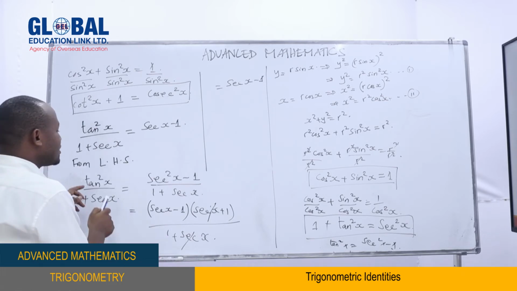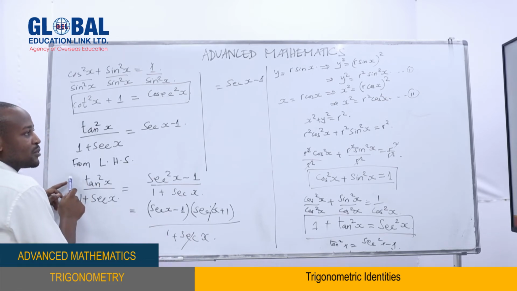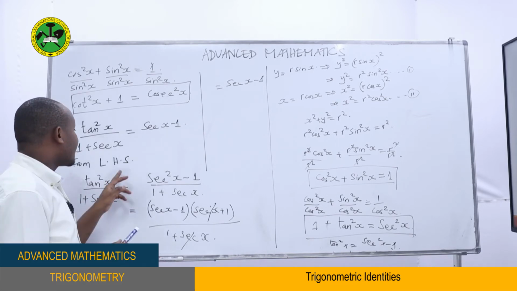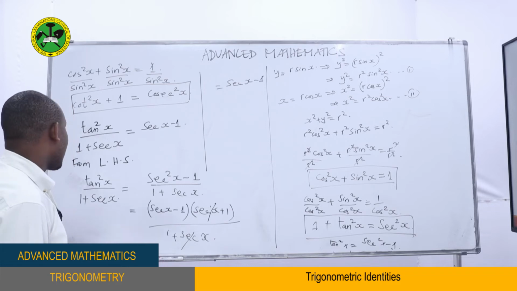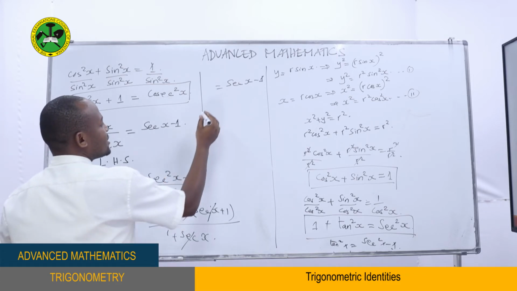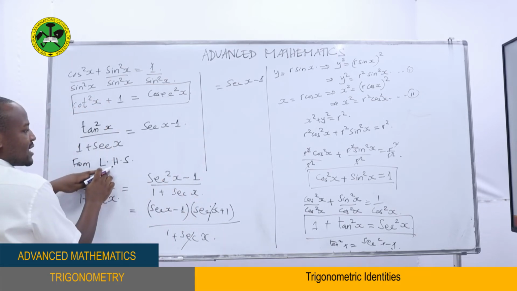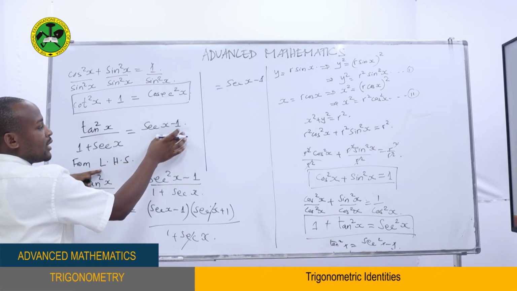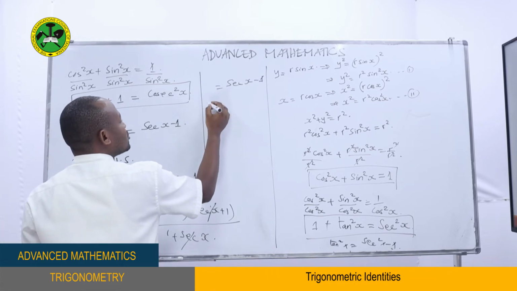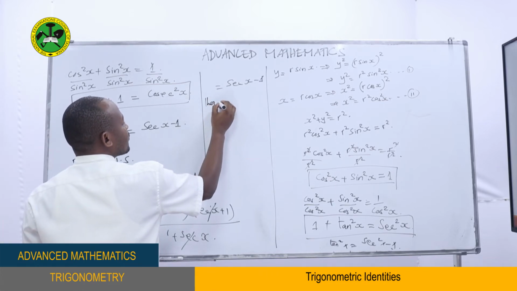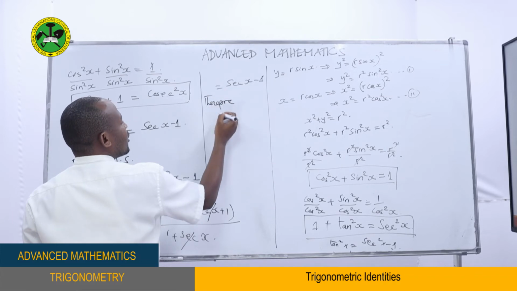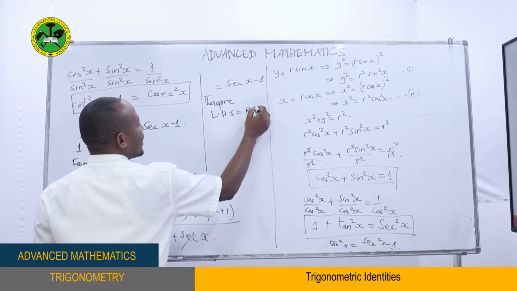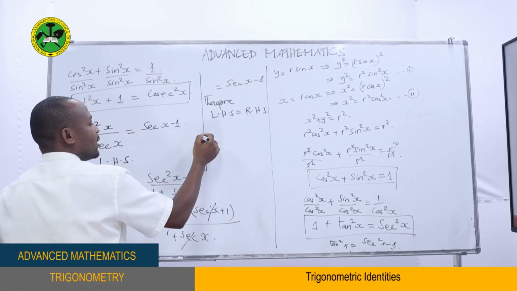That means we are supposed to conclude the question. Most of the students forget to conclude the question, and our conclusion is very, very simple. We use the left hand side. That means we are supposed to show, to prove, that it is equal to the right hand side. That means our conclusion will be: therefore, we have left hand side is equal to right hand side.